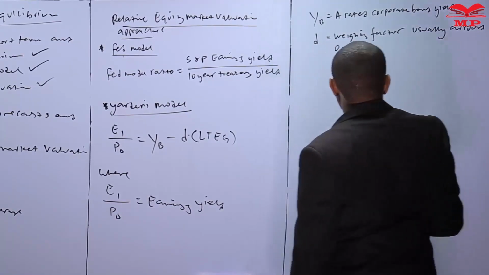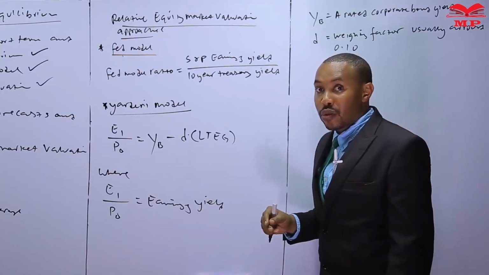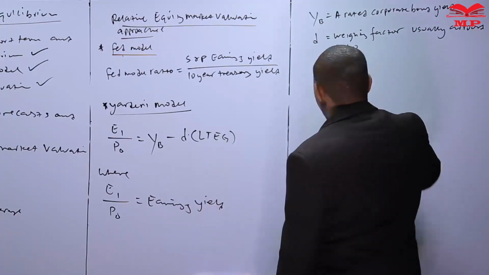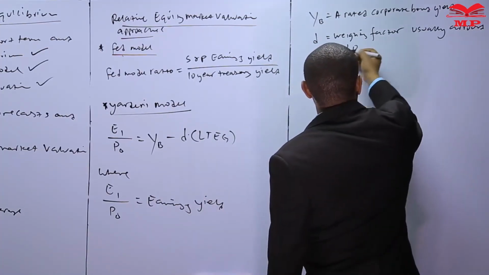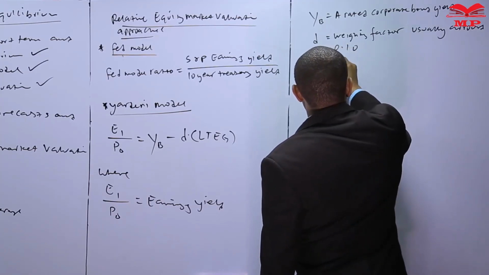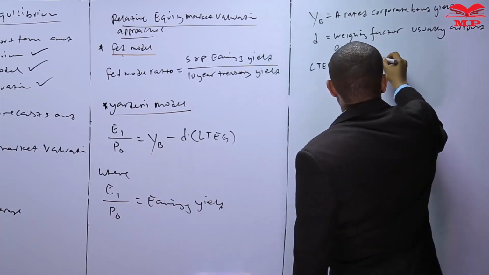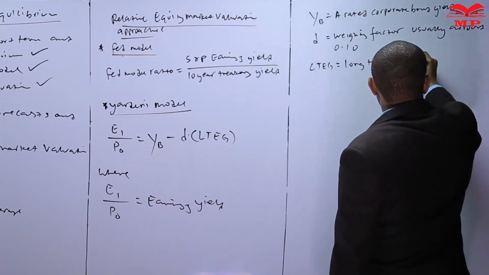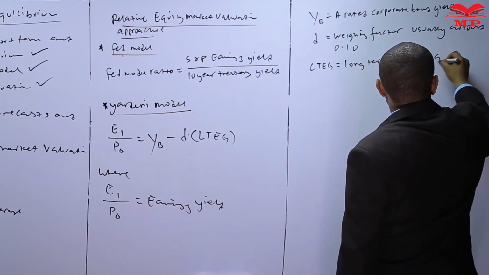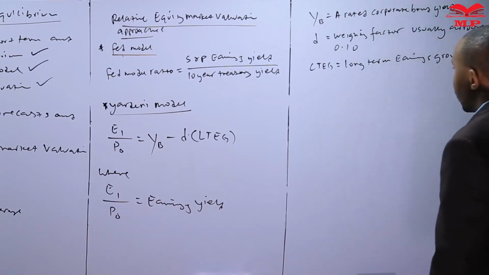You must be given that, or you need to estimate the weighting factor when trying to estimate the earnings yield. And then we look at the L tag, which is the long-term earnings growth.